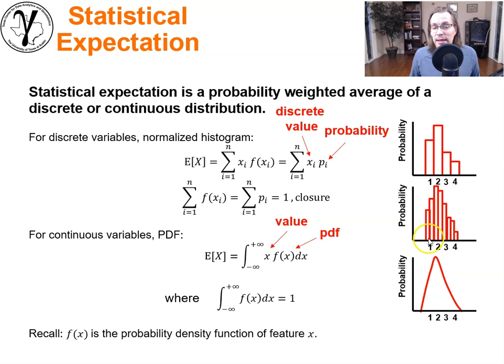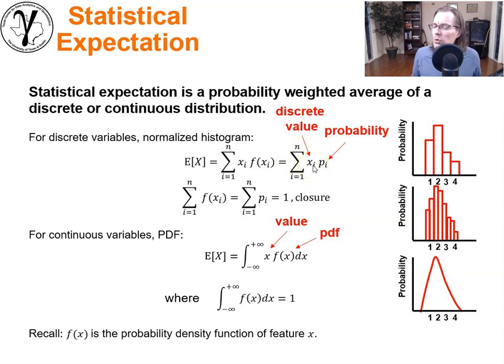In order to calculate the expectation in this case, all we have to do is take the summation of the values multiplied by that PDF value, or the probability if we're just talking about a normalized histogram. So this is all we have to do, just take the summation of the values.